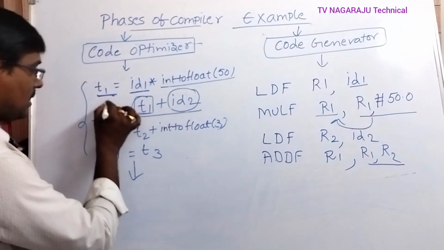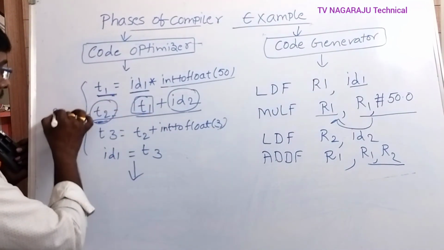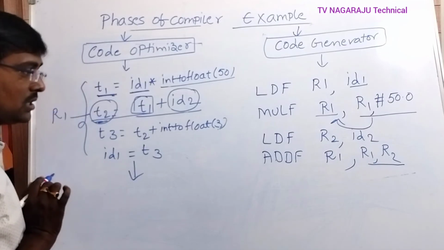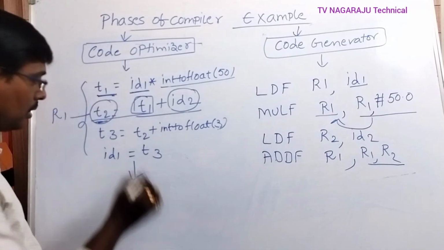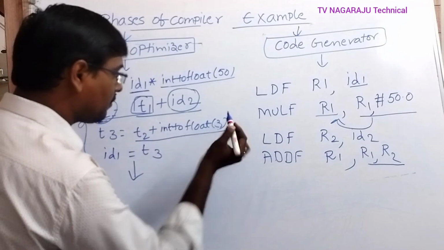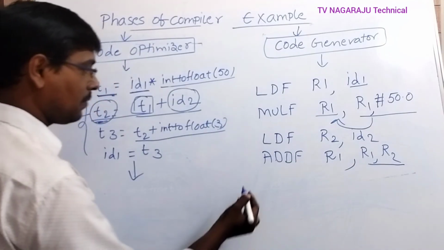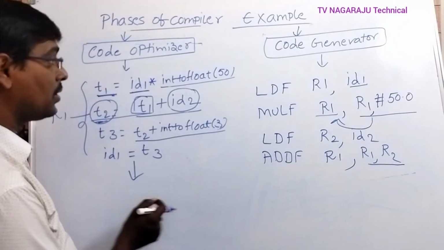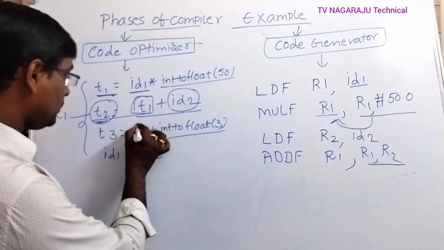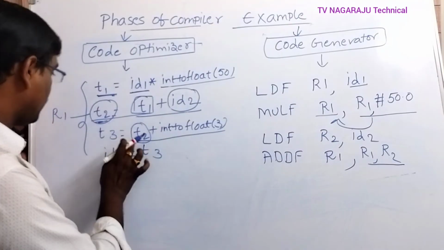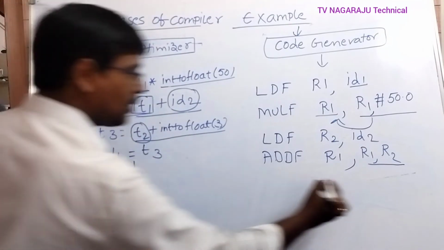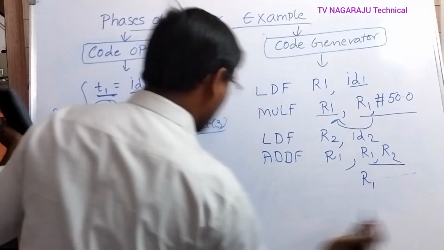Now this entire result, this is also right now R1. Now again perform addition operation. So this T2 is R1.